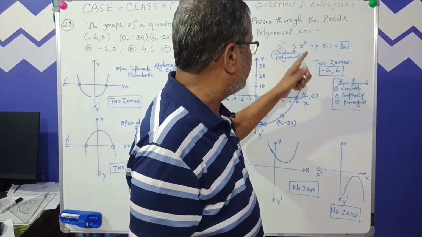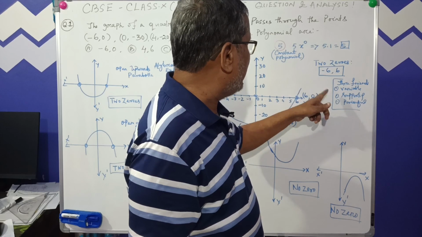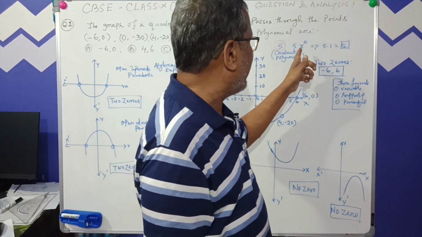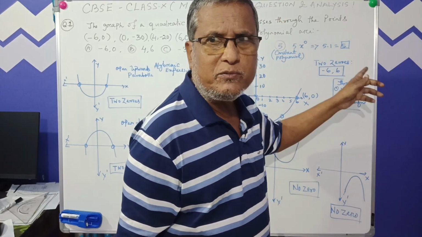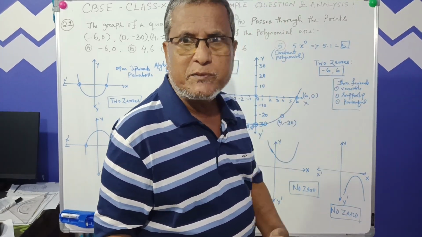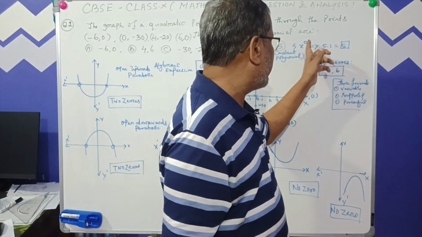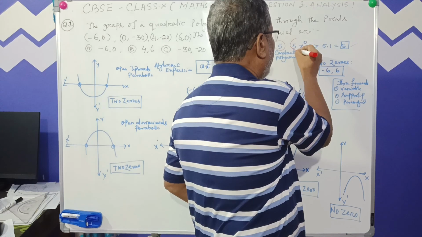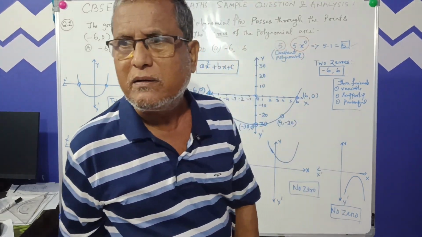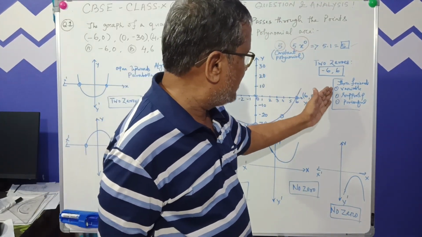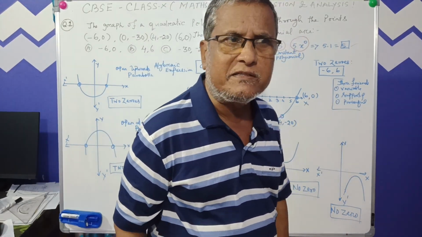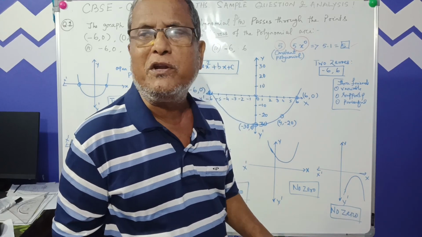So the supporting friend is 5, and its power is 0. And when the power is 0, it is powerless, that is 1. So x power 0 is 1. So we can write 5 in the form of a polynomial, which is called a monomial. Now you understand the role of the three friends, how they make a term a polynomial.